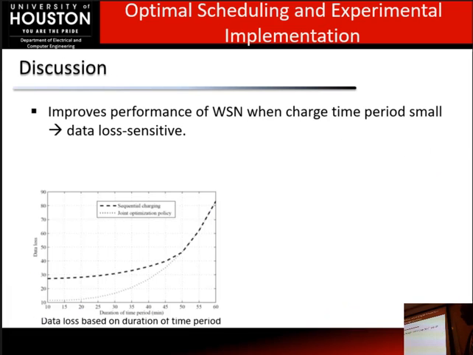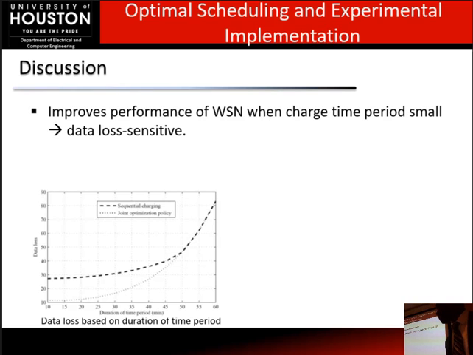Finally, the last simulations I made were to compare this joint optimization policy with another sequential charge policy, where we divide the time slot exactly into 3 parts, where each part belongs to charging 1 sensor. Here I compare the data loss versus the duration of time.